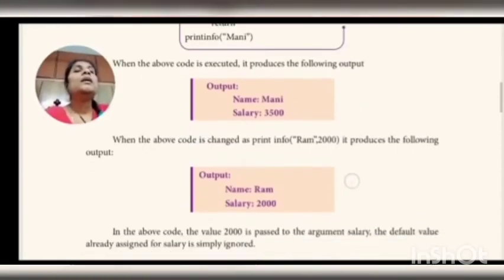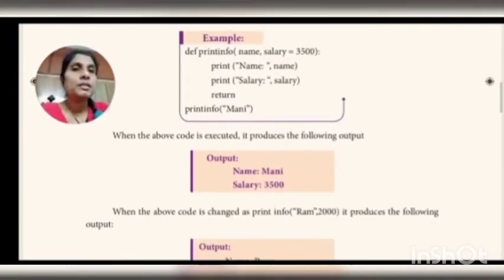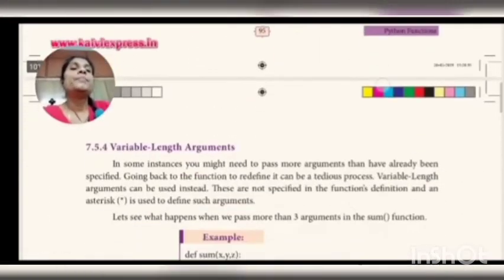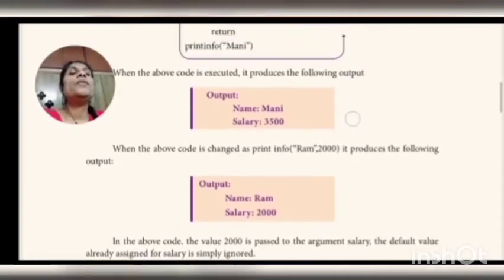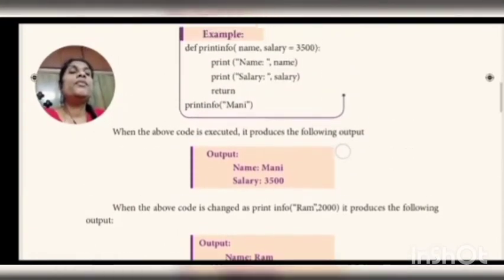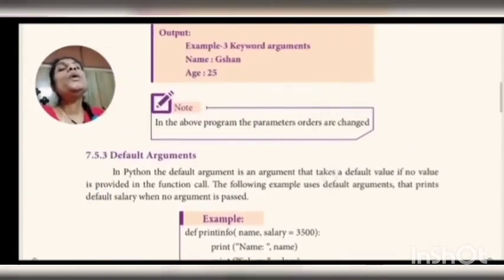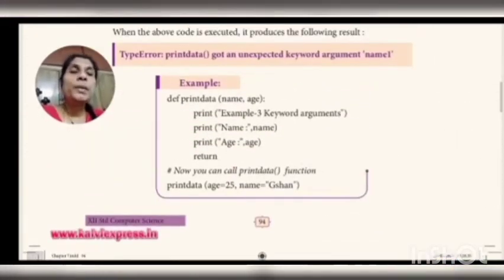But if we give two arguments instead of just money, that is two values, then what happens? We are going to see that in the next example. Here they are giving two values, that is for name they are giving Ram, and for salary they are giving 3500. Which argument will be taken?